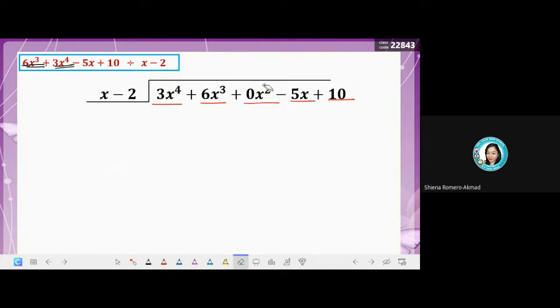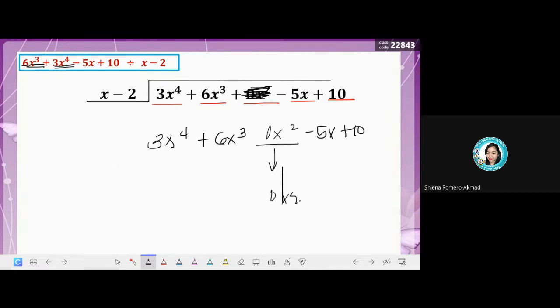Pwedeng wag na tayong magsulat nito. Pwede naman tayo mag-leave na lang ng space. 3x raised to 4 plus 6x cubed. Leave ka lang ng space. Bakit? Kasi mamaya, pag nag-subtract ka or pag nag-bring down, pwede rin naman magsulat ka dyan ng 0x squared para pag nag-bring down ka, 0x squared na i-bring down mo.